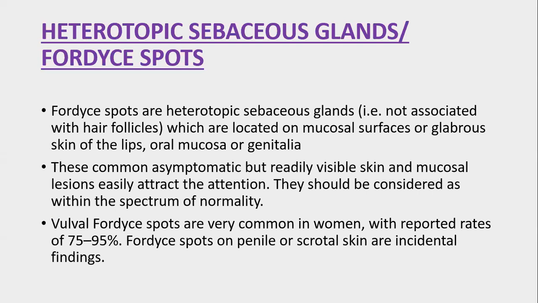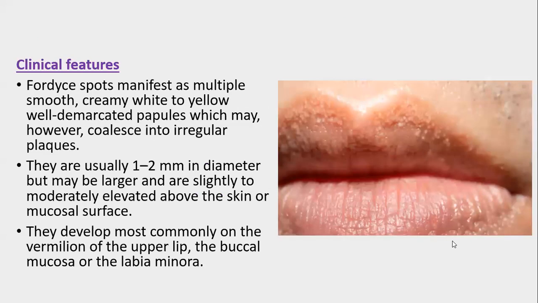Vulval Fordyce spots are common in women, with reported rates as high as 75 to 95% of cases. Fordyce spots on penile and scrotal skin are an incidental finding. The Fordyce spot manifests as multiple, smooth, creamy white to yellow, well-demarcated, small pinpoint papules, which may coalesce into irregular plaques.